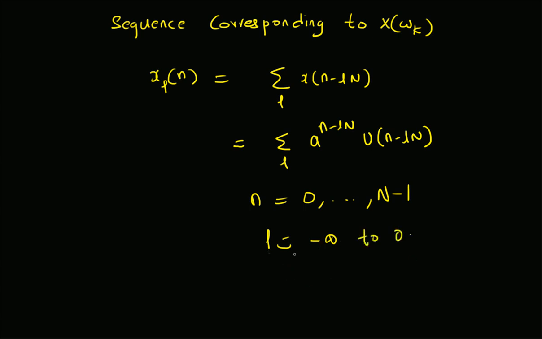For any other values, for example L equal to 1, u of n minus N will be equal to 0 because n is between 0 and N minus 1. If you put L equal to 1, it will be u of, for example, 0 minus N, or u of minus N, which is 0, or u of 1 minus N, which is also 0, and so on. So the values of L are from minus infinity to 0.